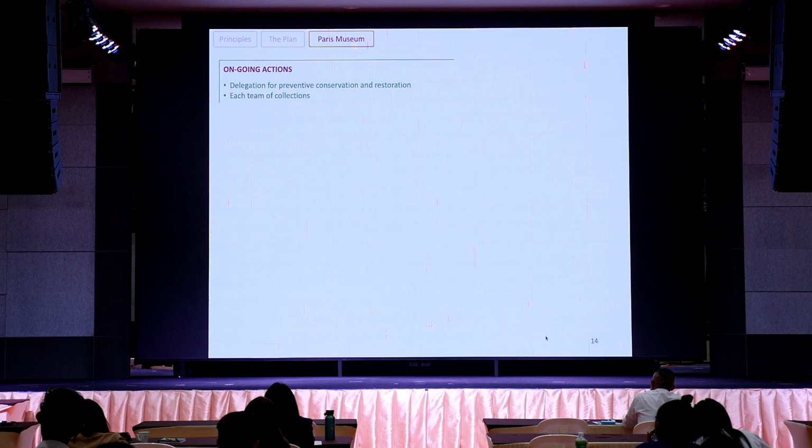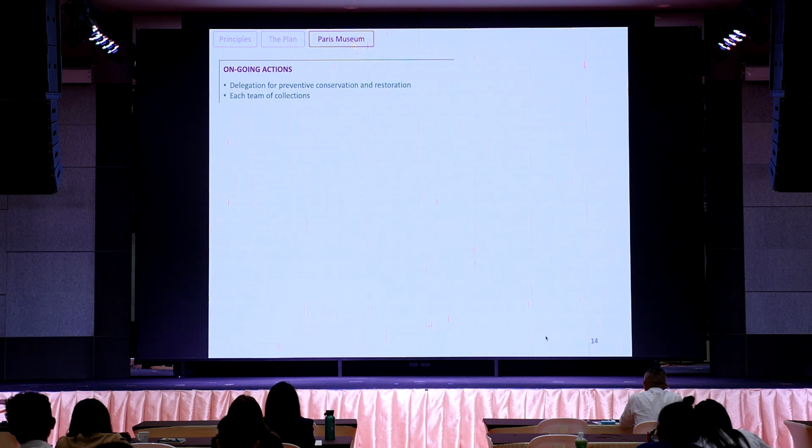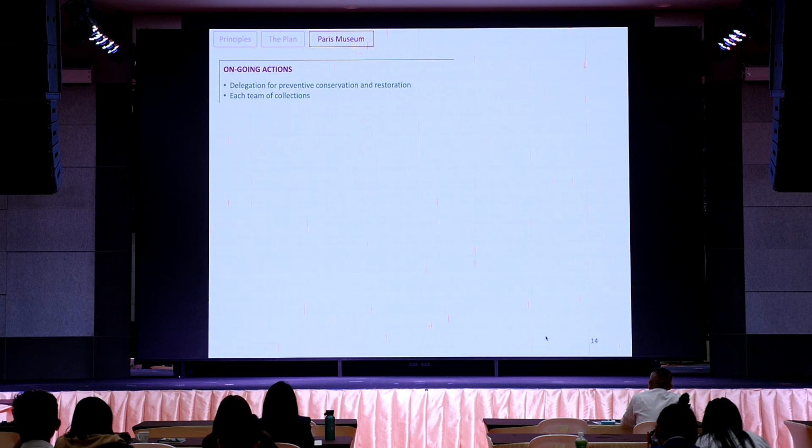The first one is what we call the Delegation for Preventive Conservation and Restoration. In the museum we are very lucky: we have people who are like a flying team. They go into all buildings and collections when we have a problem, and they organize the general project of the plan. The other actors are the collections teams, because they are the ones who know the specimens very well.